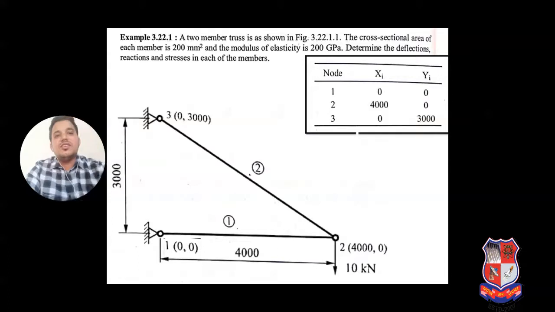And node number 3 is 0, 3000. So my node 1 is 0, 0, node 2 is 4000, 0, and node 3 is 0, 3000. This is an important step to learn before solving any truss example, because this parameter is not given in your example data. You have to identify it from your figure.